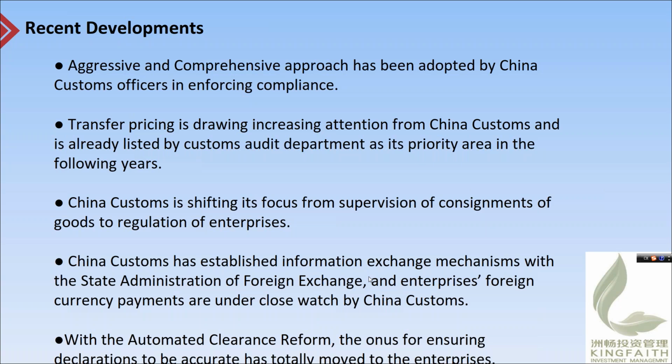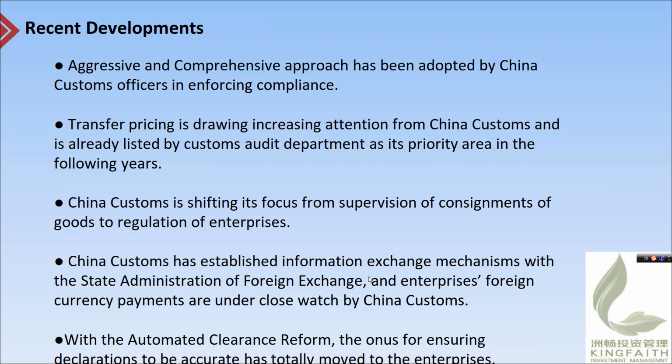So we often get the question from our clients of how China Customs got to know about the royalties and license fees paid to their parent company. So this explains why China Customs did it. So it also means that we have to pay attention to this.